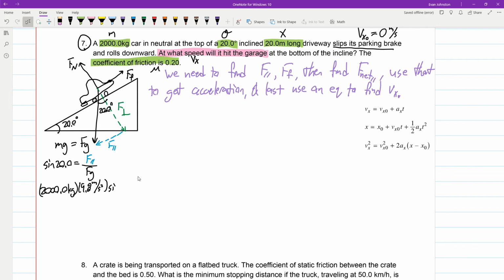And then we have sine of 20. Well, plugging that all into my calculator, I get like 6,700 newtons, that really is our force parallel. Great.